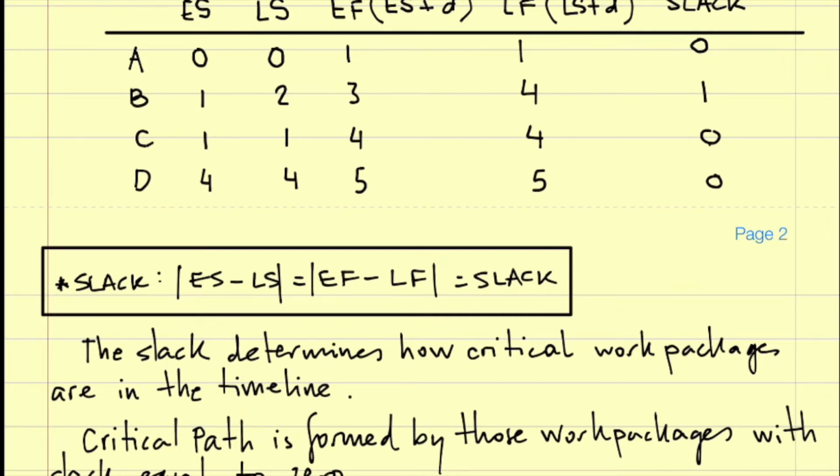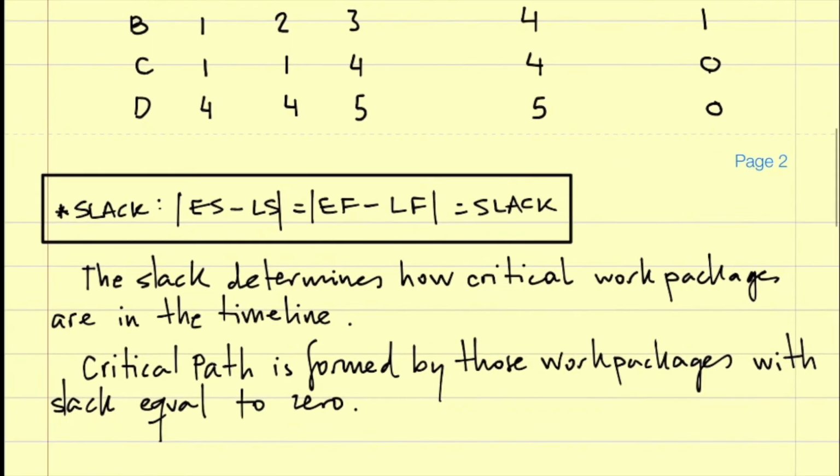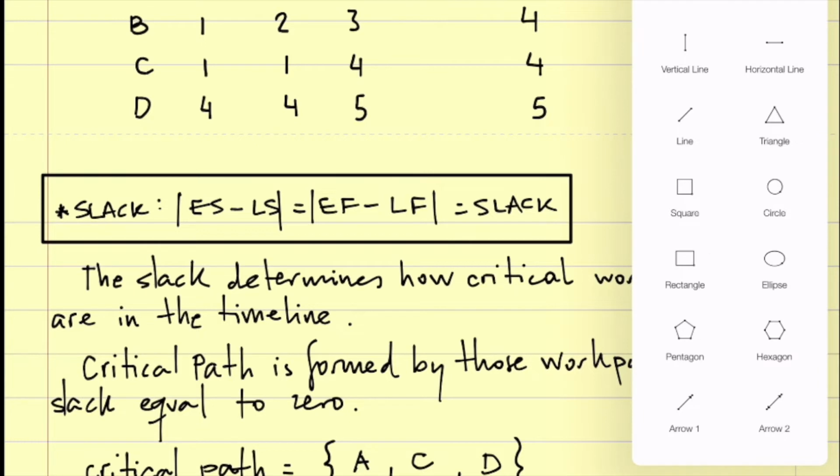Okay? So in the exam, you answer the question, what is a critical path? The list of work packages A, C, and D. Okay?